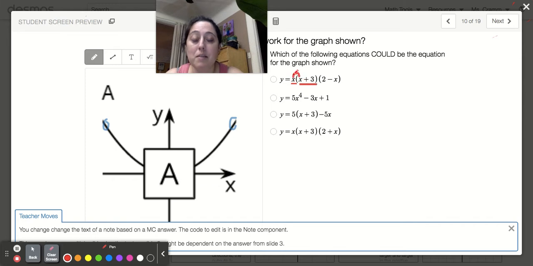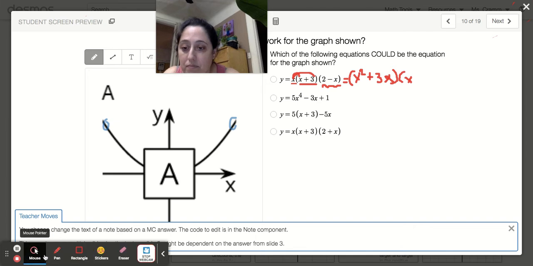So I've got x times x is x squared. Okay, x times 3 is a plus 3x. Oops. And now I'm going to multiply this, right? So I got this from these two. All right, I'm going to multiply this by my last factor, which is, oops, it's not x. It is a 2.